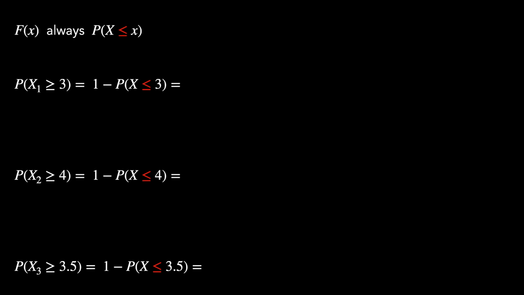So the probability that x1 is greater than or equal to 3 just becomes the complement, 1 minus the probability that x is less than or equal to 3. Similar for the second one. The probability that x2 is greater than or equal to 4, we can write as 1 minus the probability that x is less than or equal to 4. Because the formula we came up with for capital F of x gives us less than or equal to, so we always have to rework the problem to get things into less than or equal to.